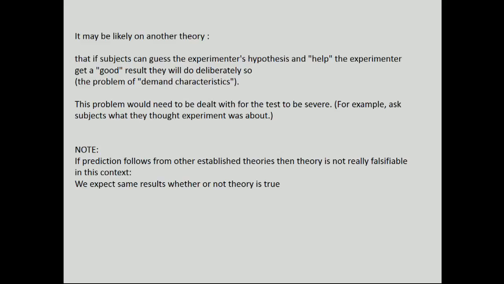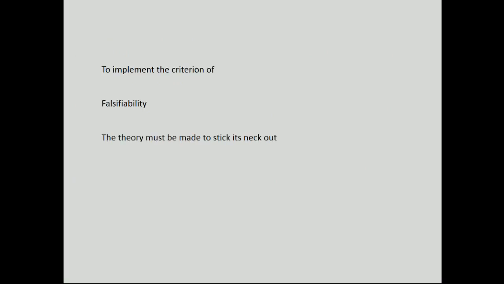So if there's some other mechanism or reason why you would get the predicted results, then you don't have a good test of your theory. Because even if the theory is wrong, you're still going to get apparently supporting results. Or to use one of Popper's phrasings, to implement the criterion of falsifiability, the theory must be made to stick its neck out.